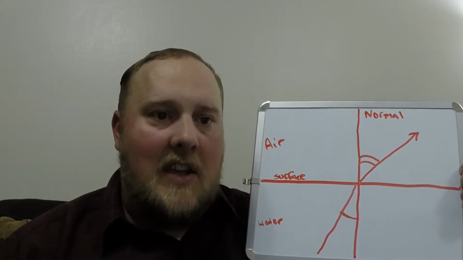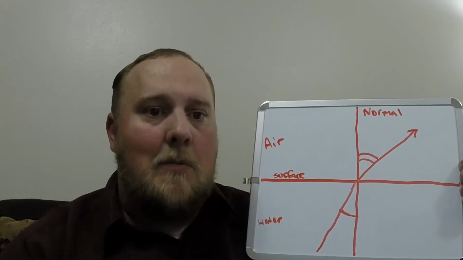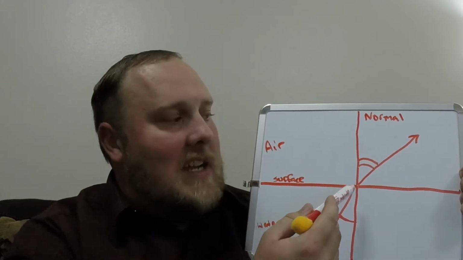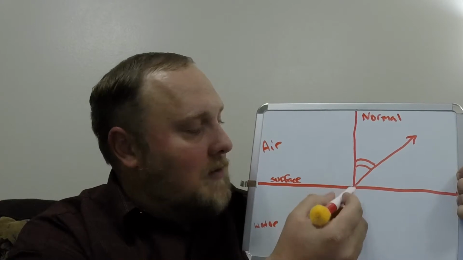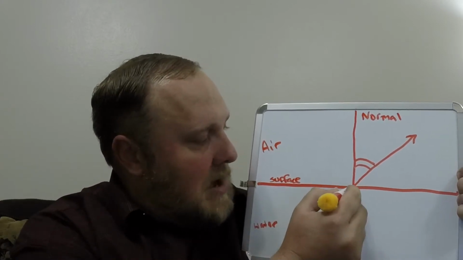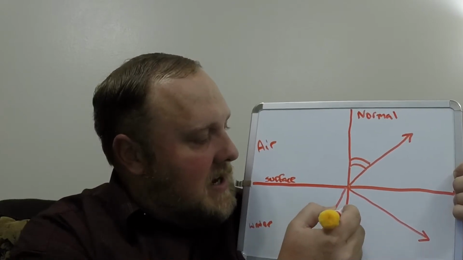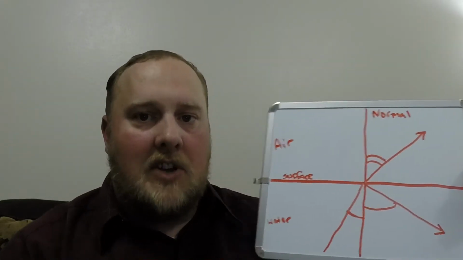Our last angle is the angle of reflection. At some point, this angle becomes so great that the light is not refracted and does not travel through the surface, but it is brought back down below the surface. And this angle is called the angle of reflection.